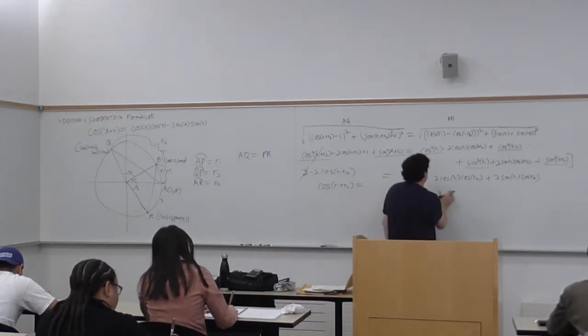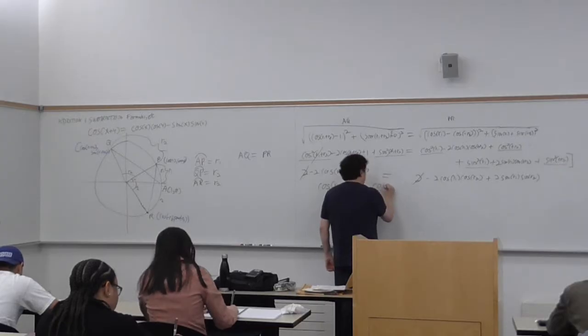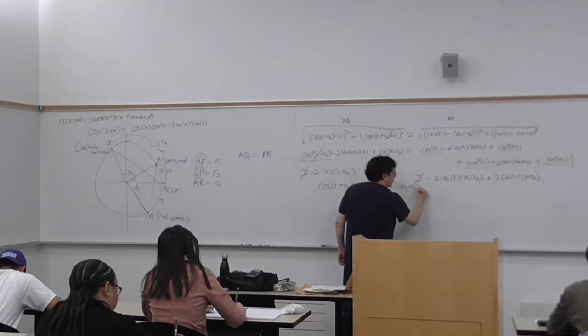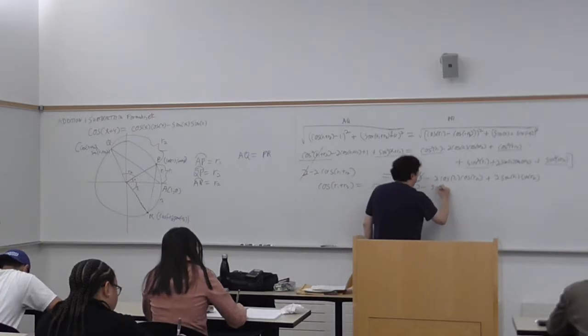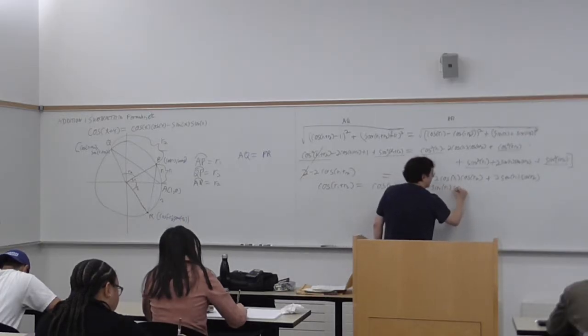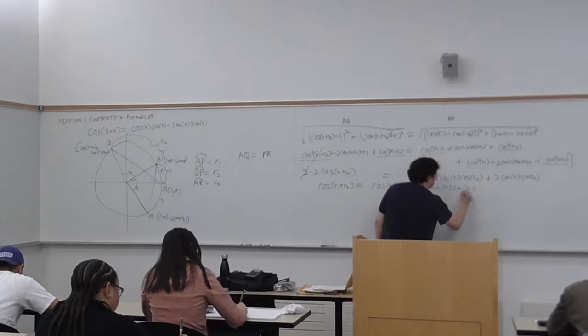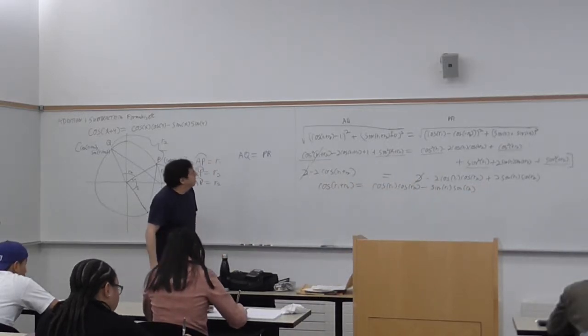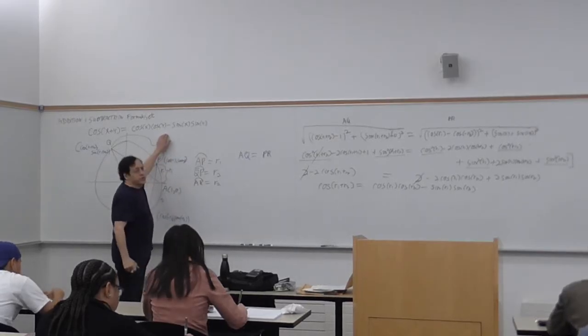Well, this becomes cosine R1 cosine R2 minus sine R1 sine R2. All right. Take a deep breath of relief. That's what we were trying to show here.